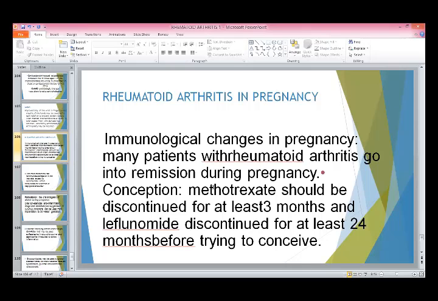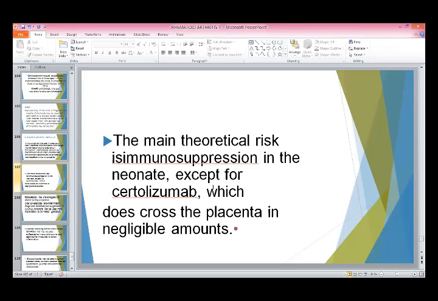Methotrexate should be discontinued for at least 3 months and leflunomide discontinued for at least 24 weeks before trying to conceive. The main theoretical risk is immunosuppression in the neonate, except for certolizumab, which does cross the placenta in negligible amounts.